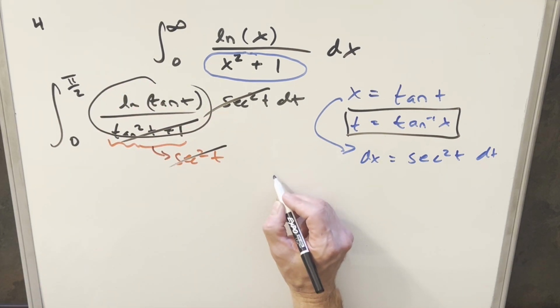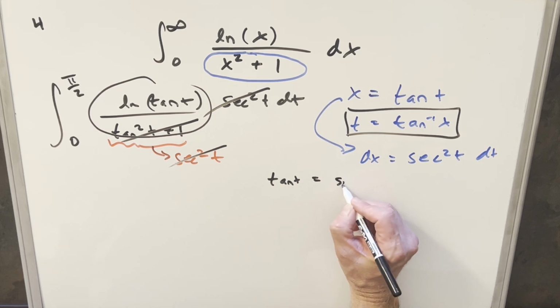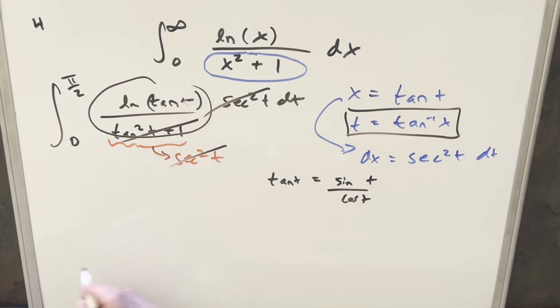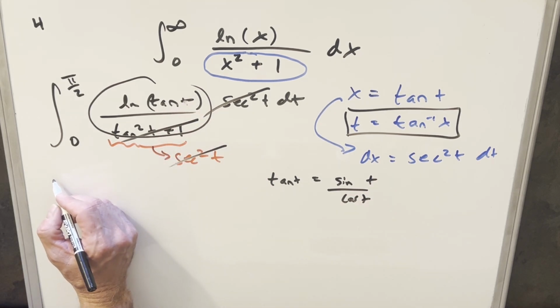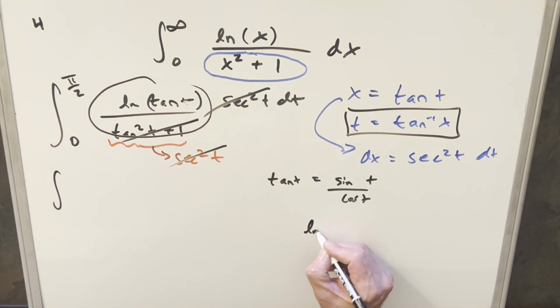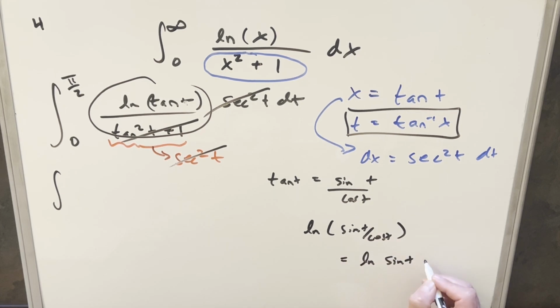Now tan t is the same thing as sine t over cosine t. With a fraction inside the natural log, we can break this up: natural log of sine t over cos t can be written as natural log sine t minus natural log cos t.